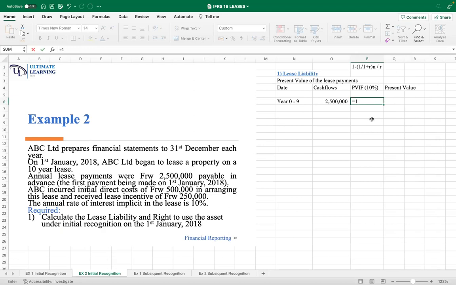You have 1 minus, into bracket, 1 divided by 1.1 raised to power n, which is 9 years. Close the bracket. Everything divided by 0.1. R is 10%. 10% is the same as 0.1.